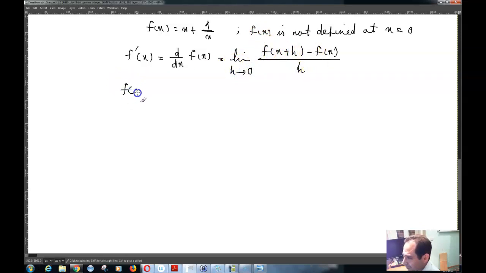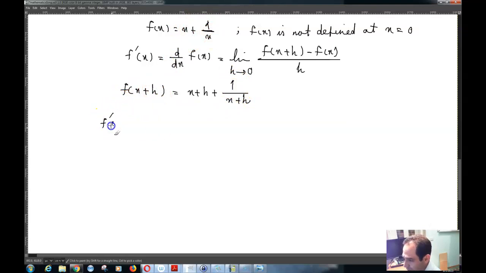Now f of x plus h is equal to basically x plus h plus 1 over x plus h. This is x plus h, because wherever you see an x, instead of x you have to put x plus h.